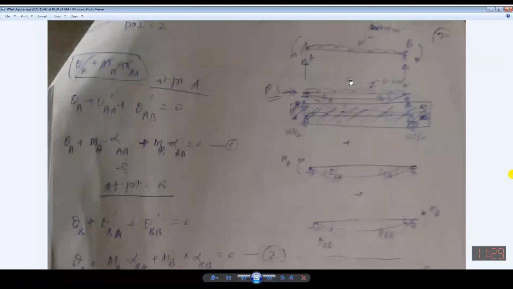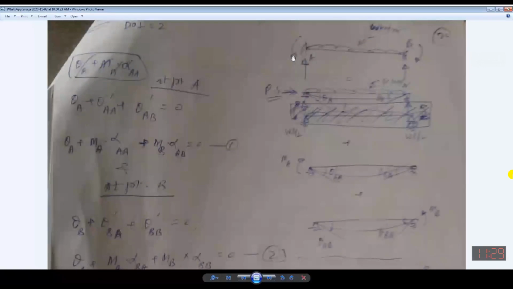I have considered either this one as redundant or this one can be considered redundant. In this case, 2 forces have been considered on both ends. The moments have been considered to be redundant.